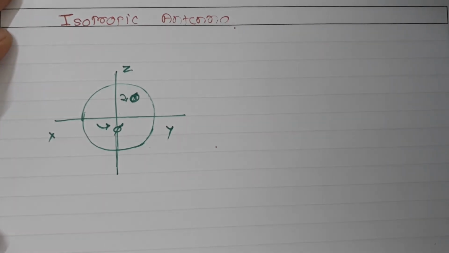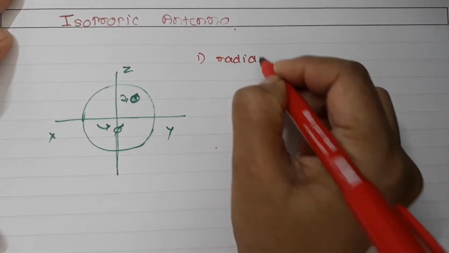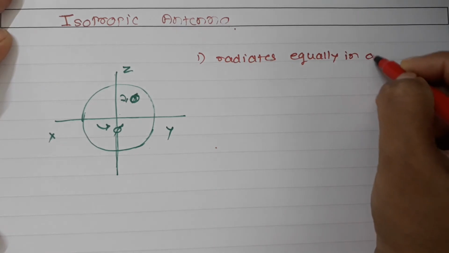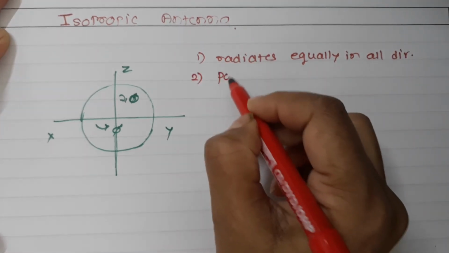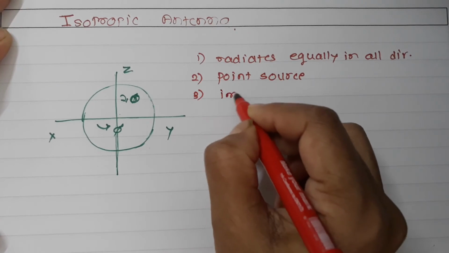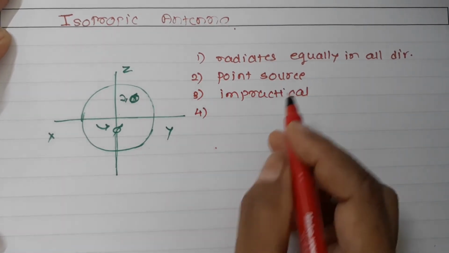Now we know that this antenna radiates equally in all directions. The second one is that this is a point source of radiation. Third, it is not possible, or you can say it's an impractical antenna. It's a hypothetical antenna.